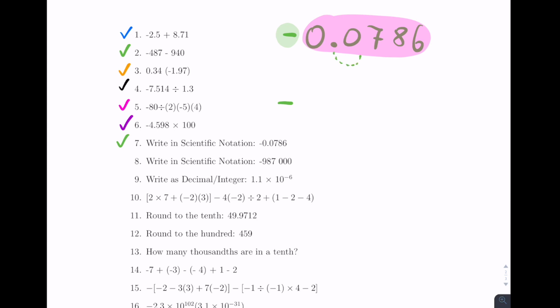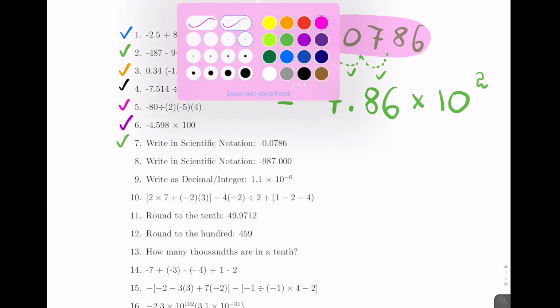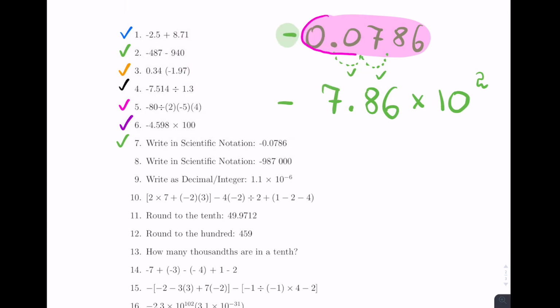So I'm going to shift this over until it is between 1 and 10, 7.86. Now, scientific notation has base 10. We shifted 2 spots, so that's our exponent. However, remember, when your magnitude right there is less than 1, this has to be negative. And that's your answer.